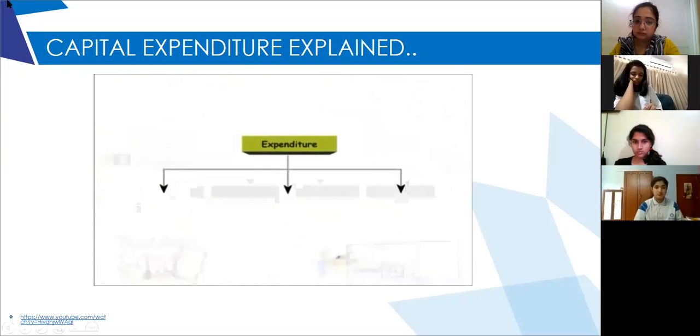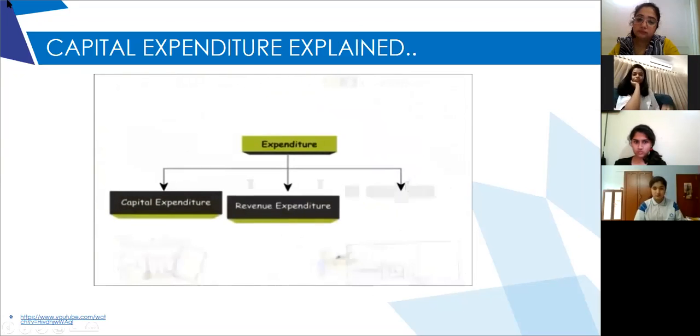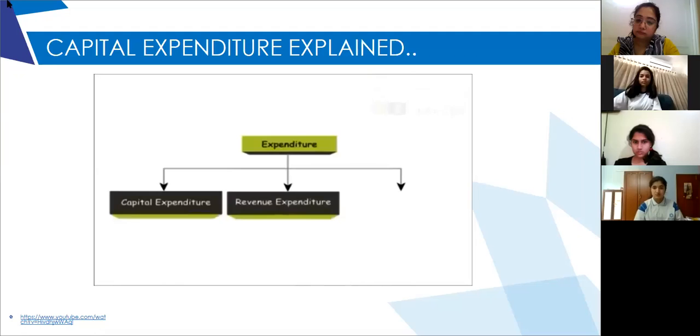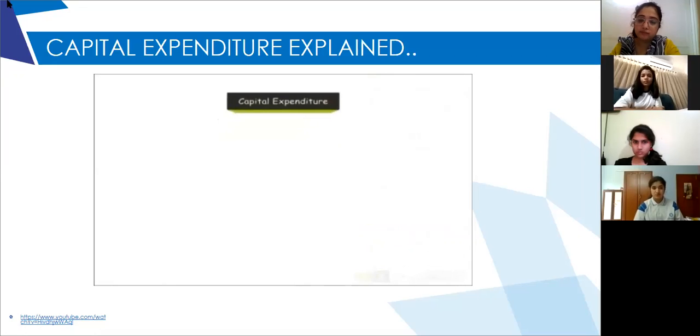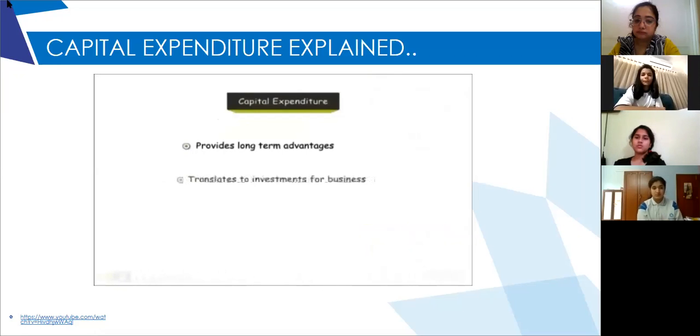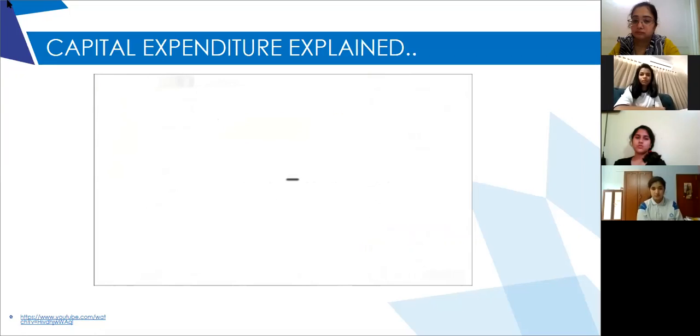Expenditure can be classified according to their nature. Thus, we have capital expenditure, revenue expenditure, and deferred revenue expenditure. All three I'll explain. A business incurs capital expenditure for the purpose of long-term advantages. Such expenditure translates to investments for the business and are generally shown on the asset side of the balance sheet.